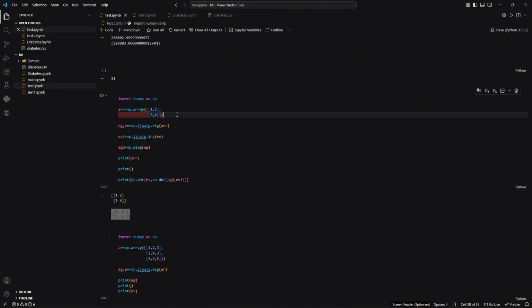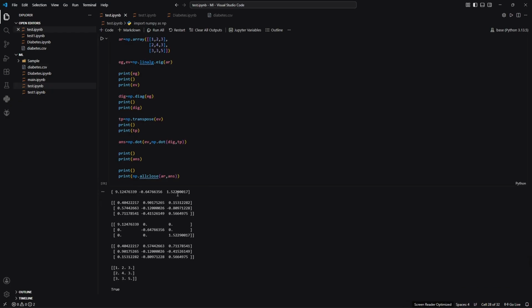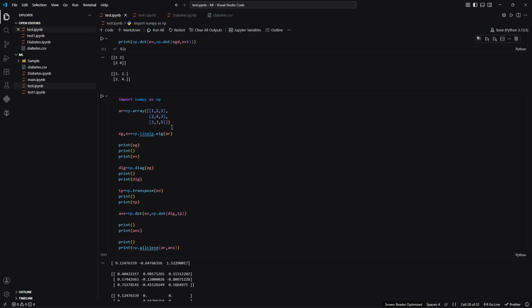Now obviously you don't have to understand the whole process of how to multiply one matrix with another. We just need to know that there exists a function which can do that for us. We just need to know the theory. Then, this is another example of a symmetric matrix.